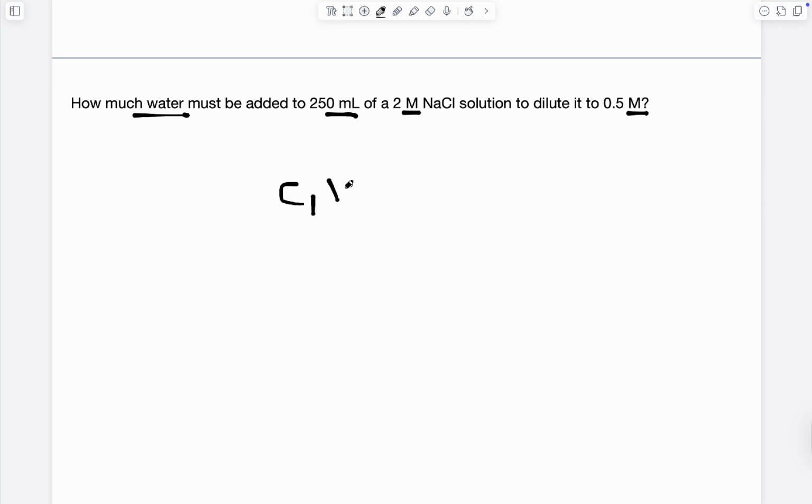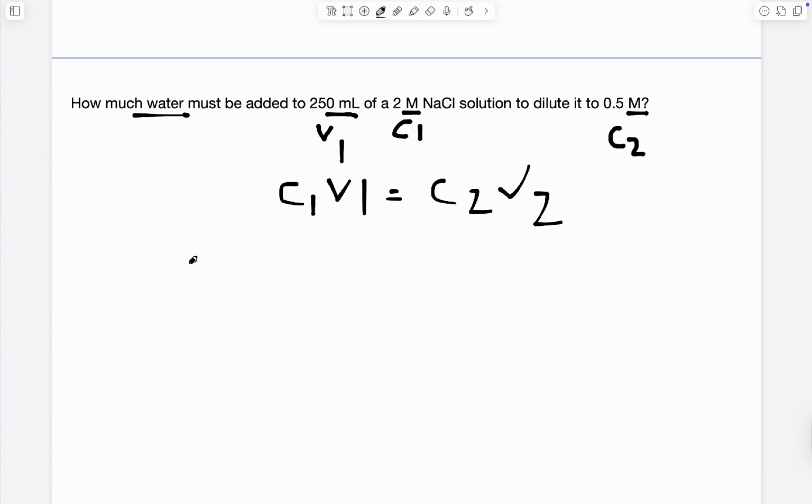So we've got C1V1 equals C2V2. How much water must be added to 250 mL of 2 molar to dilute it to 0.5 molar? Well, we want to dilute it to 0.5 molar, so that's what we want to get. So that's my C2, the 2 molar is my C1, and the 250 is my V1, and then we're working out V2.